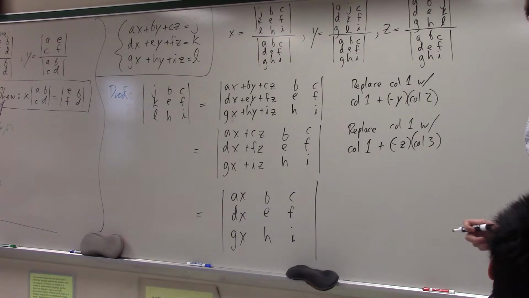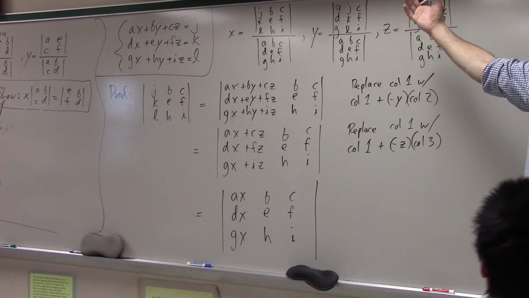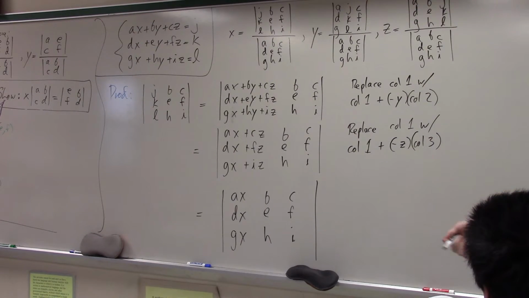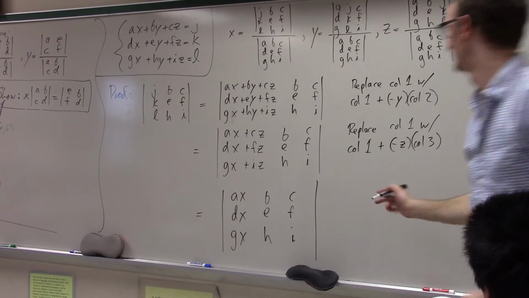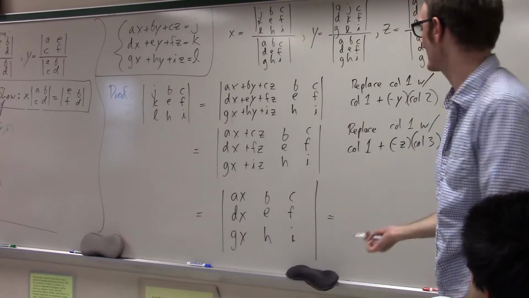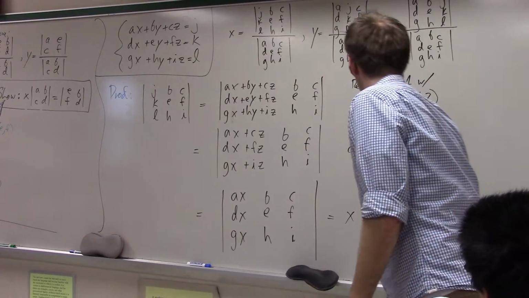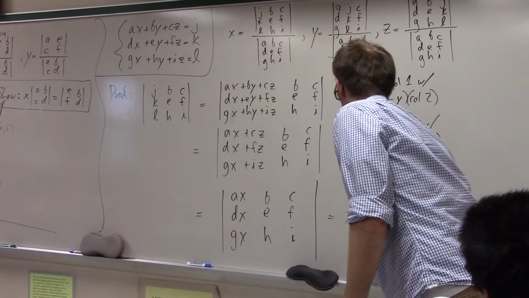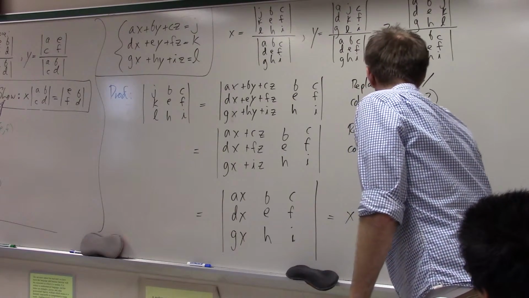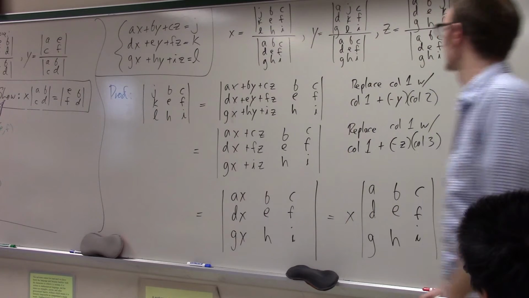One of the very first ones we did was that if you multiply a column by a constant, it changes the value of the determinant by that constant. So you multiply that column by x. So this is really just x times A, D, G, B, E, H, C, F, I. Ta-da!